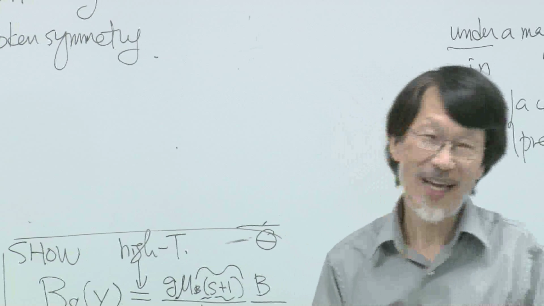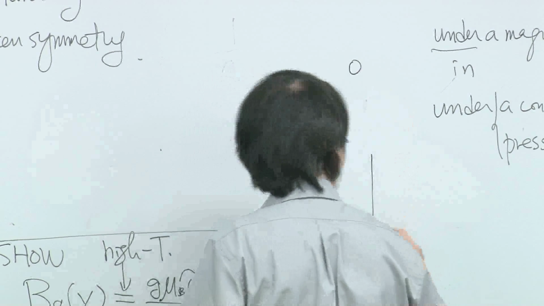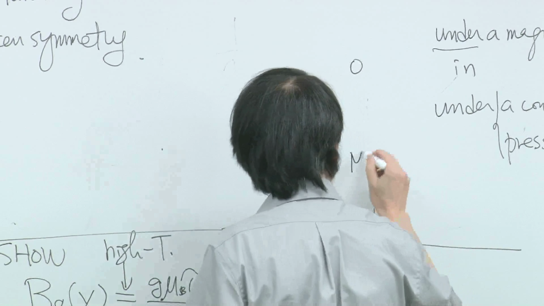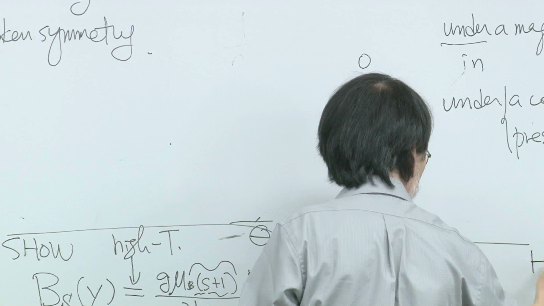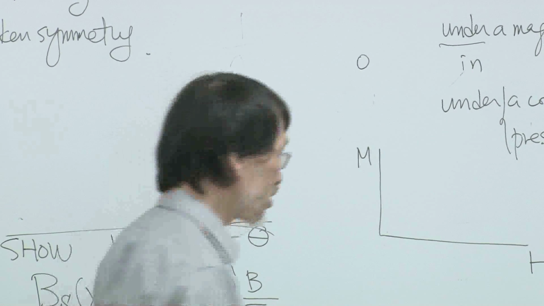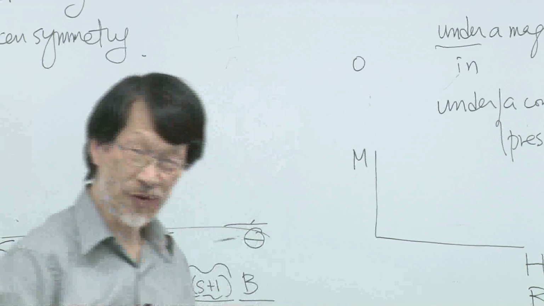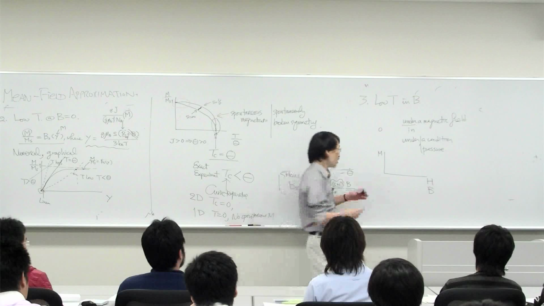Right? And another thing I've been telling people: if you plot the magnetization as a function of, sometimes people use the H field, because the H field is the field you apply from outside. Or sometimes people use the B field. This is the total field, including the magnetization. And you have a curve.